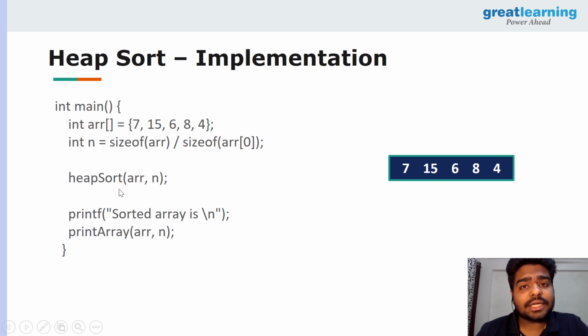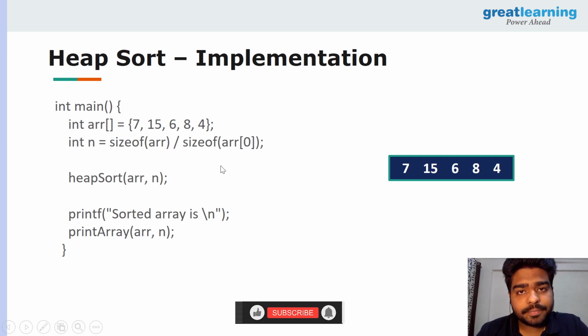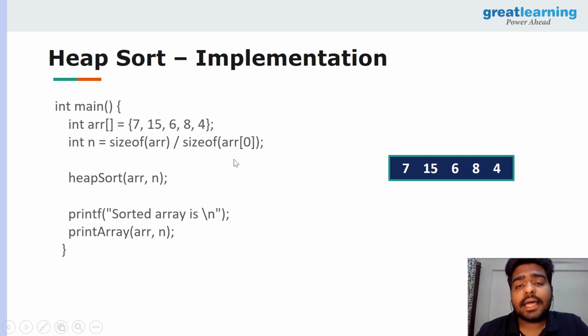So let's jump to this HeapSort method. Let's see what is written inside that HeapSort method and analyze that. And after all those things, we will come back to this particular slide and we will see what is this printf and printArray method. Cool?